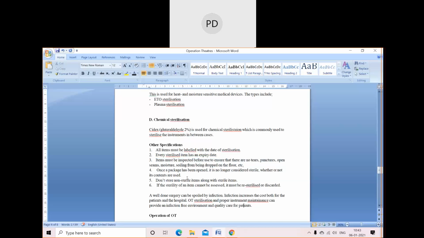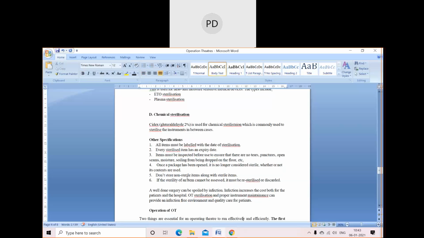Okay. A well done surgery can be spoiled by infection. You know why the readmission rate is high once the surgery is done? Because the person who has gone through surgery has got an infection, so he will be coming back to hospital again.